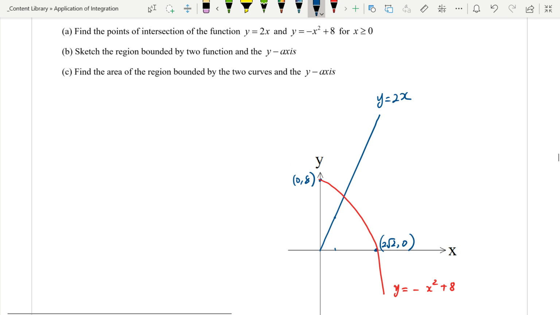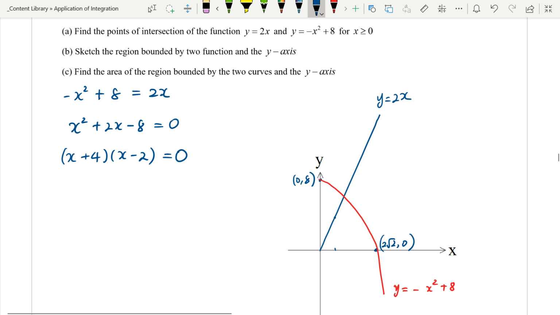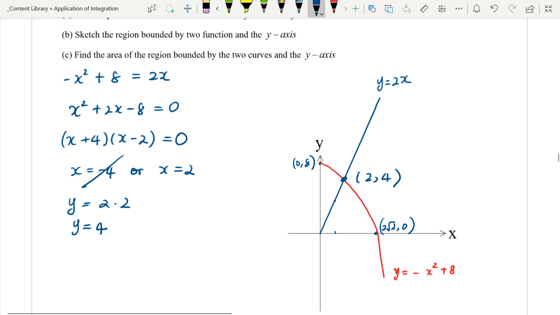Also find the intersection between them. We can work out the point of intersection by solving the quadratic, and that's 2 comma 4.